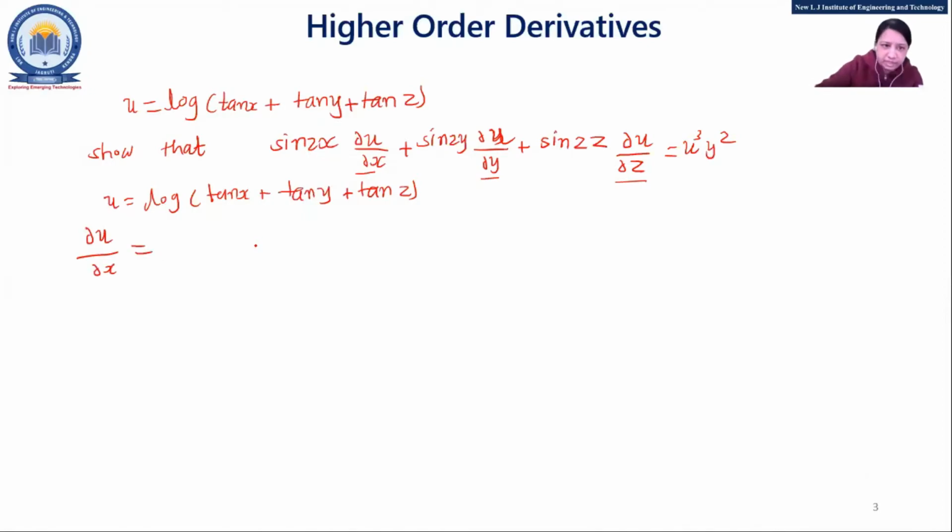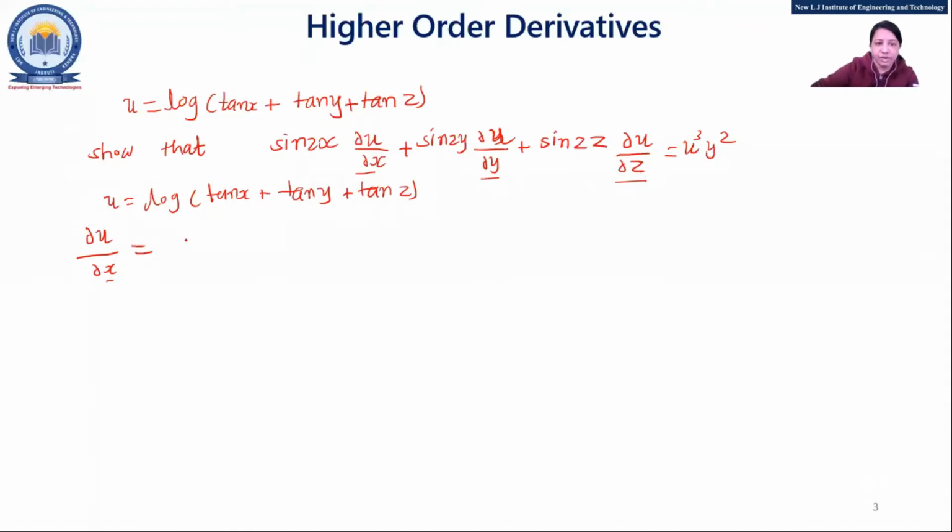With respect to x, what is the differentiation of log x? Any one student, write into the chat box. Yes, 1 by x, fine. The differentiation of log x is 1 by x. So here, this.